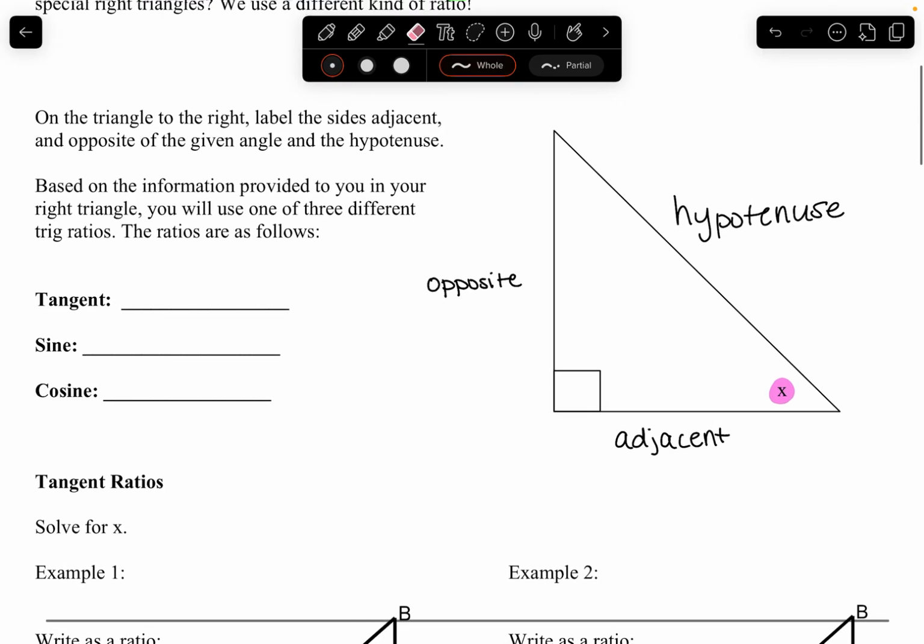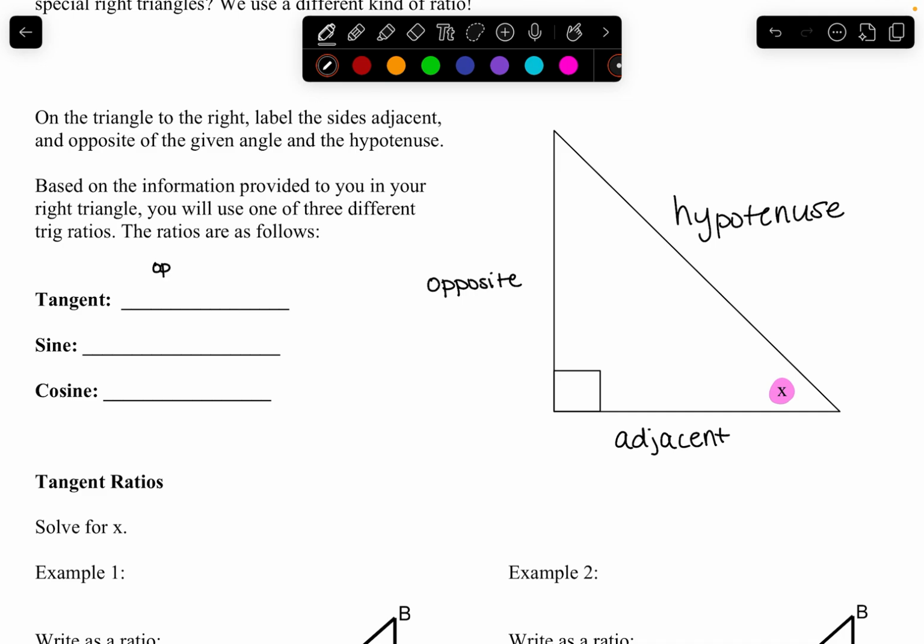So tangent is opposite over adjacent. Sine is when I have opposite over the hypotenuse. So that opposite side will go over the hypotenuse. And then cosine is when we have adjacent over the hypotenuse.